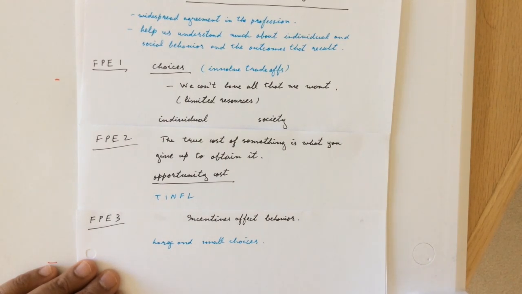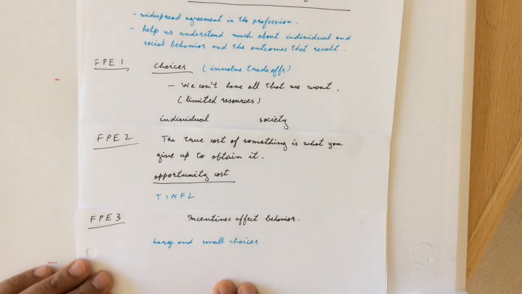Relatively small choices are also affected by incentives. So for example, your decision regarding whether or not you attend the next class. Well, attending the next class has both costs and benefits. The costs include the time you spend commuting, perhaps the cost of parking or a bus ticket, the cost of listening to me.